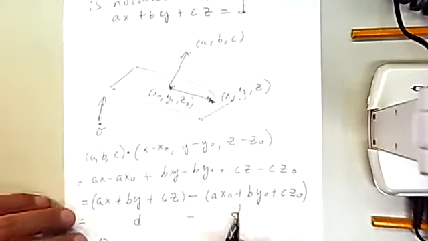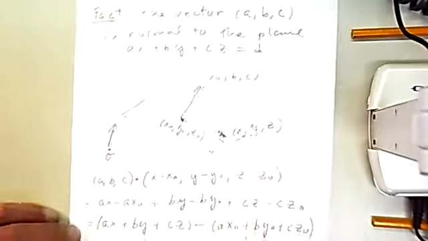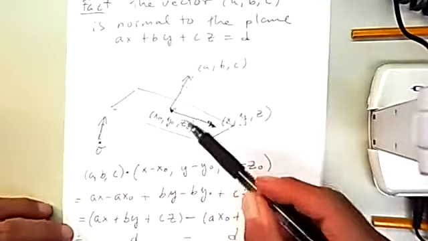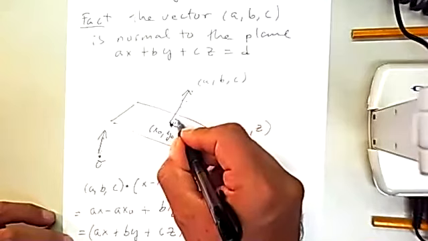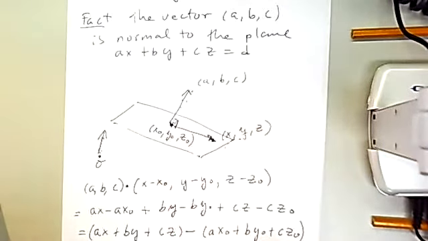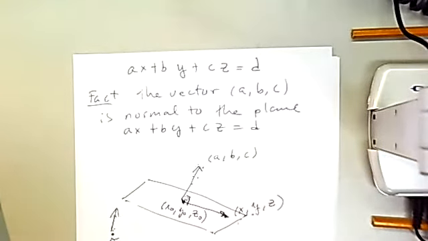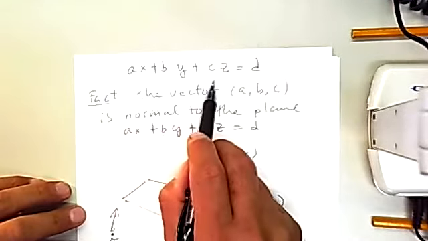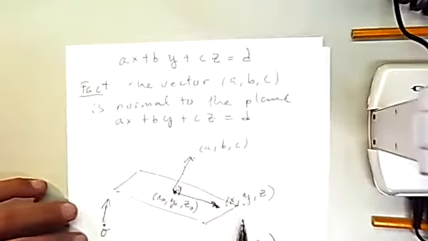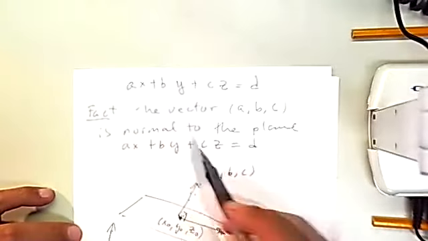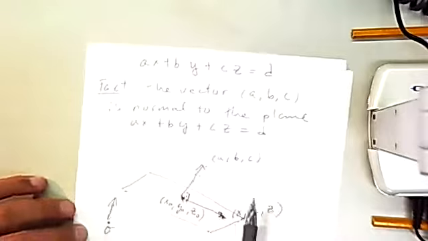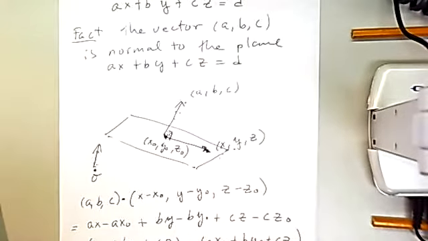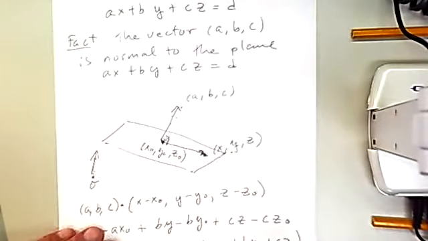And consequently, this shows that those two vectors are indeed perpendicular. Yep. So if you have an equation AX plus BY plus CZ equal to D, automatically A, B, and C is in the direction of the normal vector, or it is a normal vector of the plane.